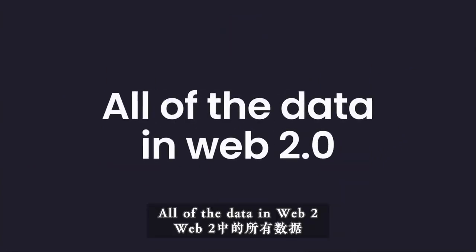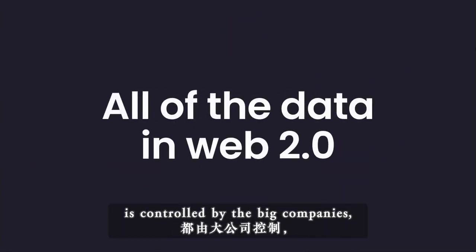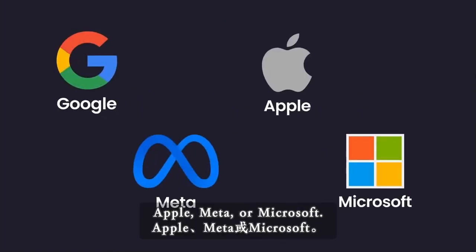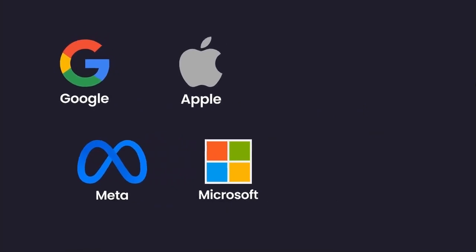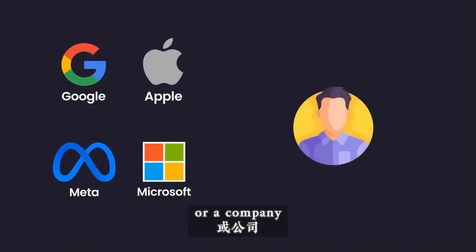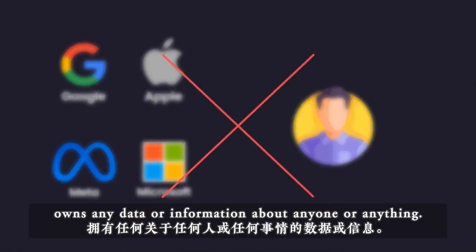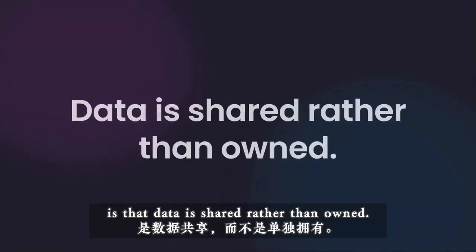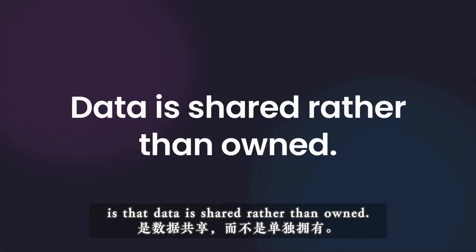All of the data in Web 2 is controlled by the big tech companies, such as Google, Apple, Meta, or Microsoft. In the decentralized web, no single person or company owns any data or information about anyone or anything. Everything is completely visible and connected to the public. The whole point of Web 3 is that data is shared rather than owned.